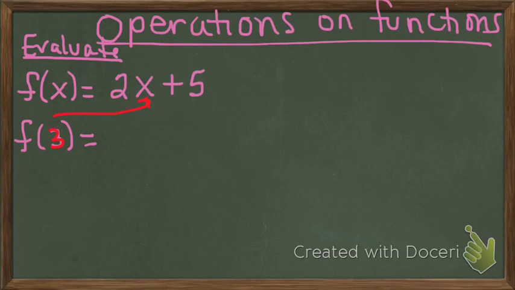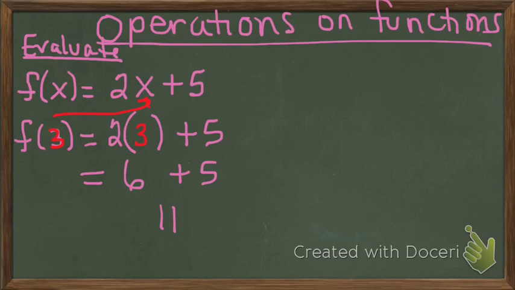So we would have 2 times 3 plus 5. 2 times 3 is 6, plus 5 is 11.